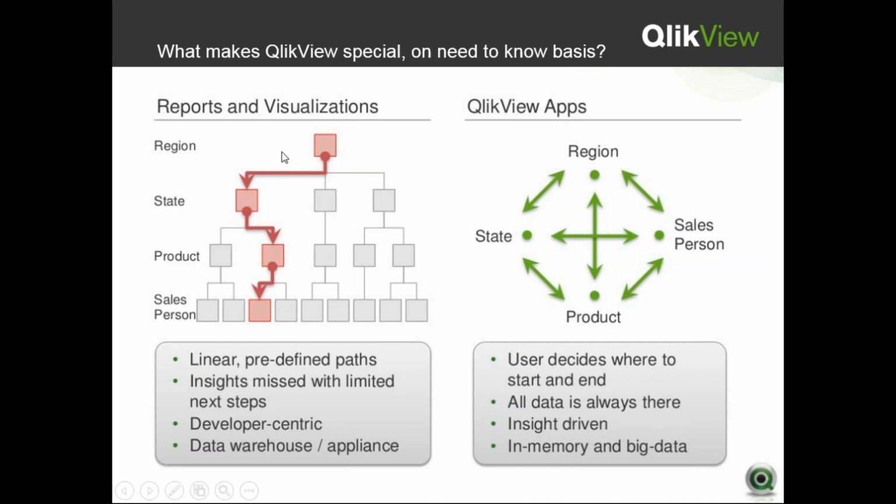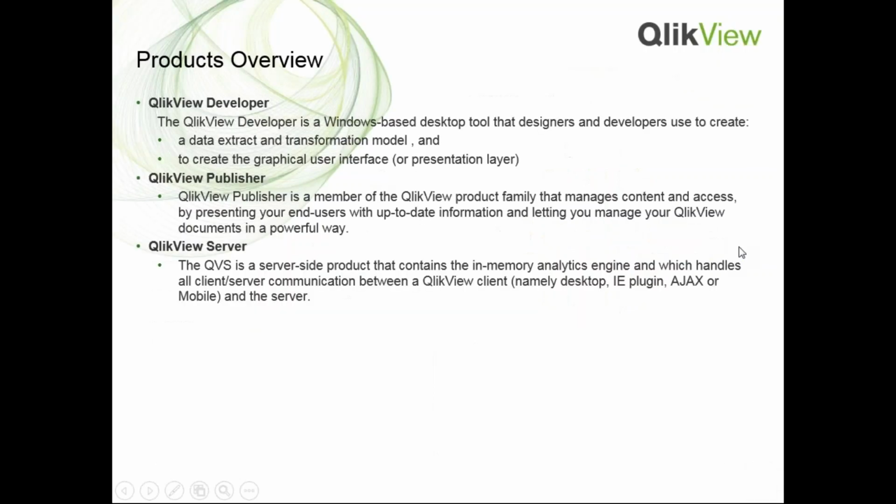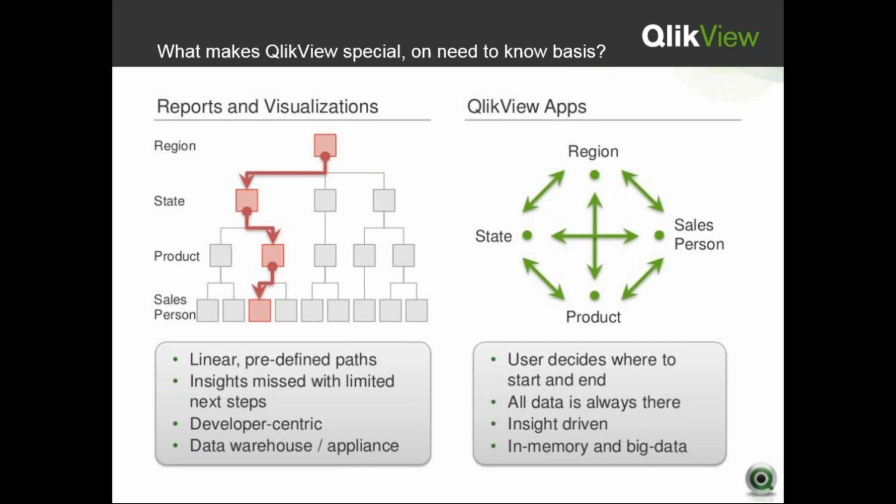You can simply come from region to salesperson. But here in QlikView, that's the beauty of associative connections. I will definitely give you some glimpse on how the associative connection happens in the QlikView Windows interface.